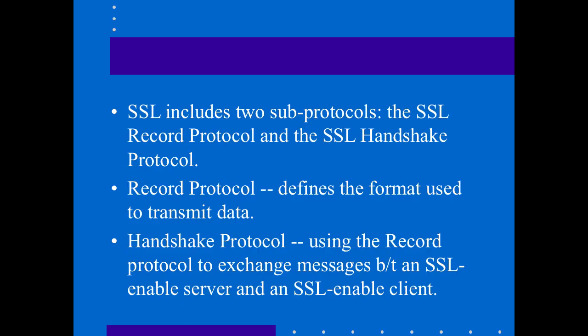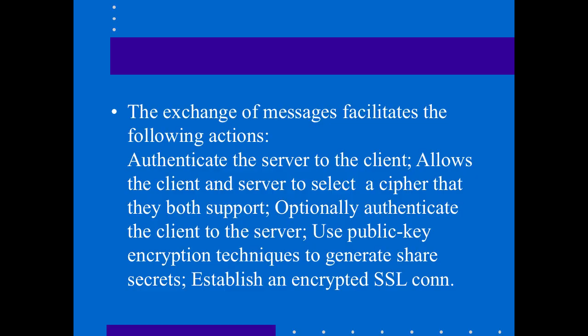The SSL subprotocols have a record protocol and a handshake protocol. The record protocol defines the format, and the handshake protocol allows you to use the record protocol to exchange messages between an SSL-enabled server and an SSL-enabled client. The exchange of messages follows a certain number of actions.